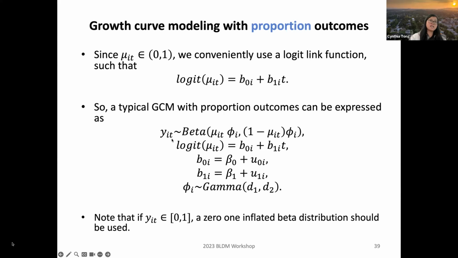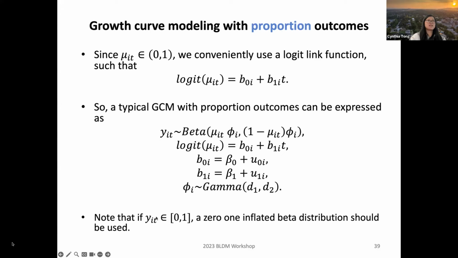We have Y_it following this beta distribution with hyperparameters here. Then the logit of mu_it equals the random intercept plus random slope times time. The second level of the model is the same, and we also have this precision parameter phi follow a gamma distribution.